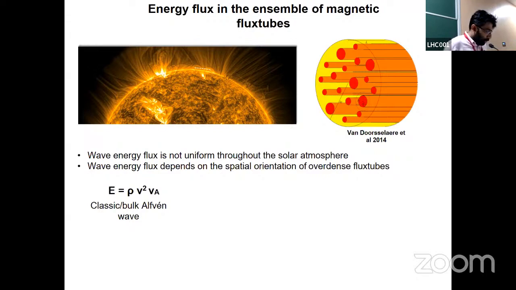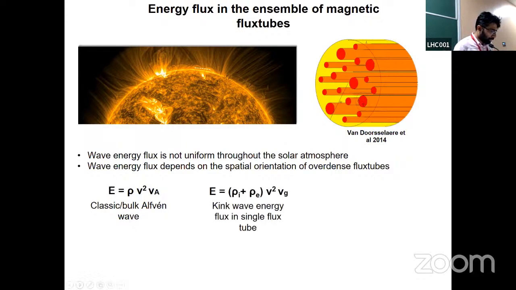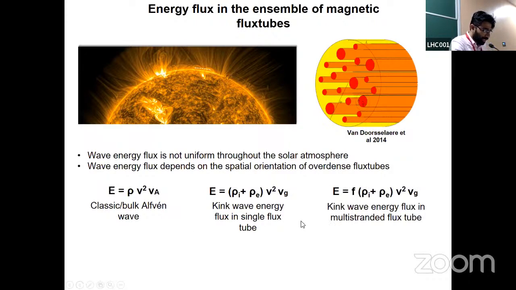And if you assume a homogeneous medium, then you have this formula for classic and bulk Alfvén waves. For kink waves, you just average over the density inside and outside. Rest of the things remain the same. This is for the long wavelength kink wave. And then when you have a multi-stranded flux tube, you end up getting one extra factor here, F. And this is known as the filling factor.